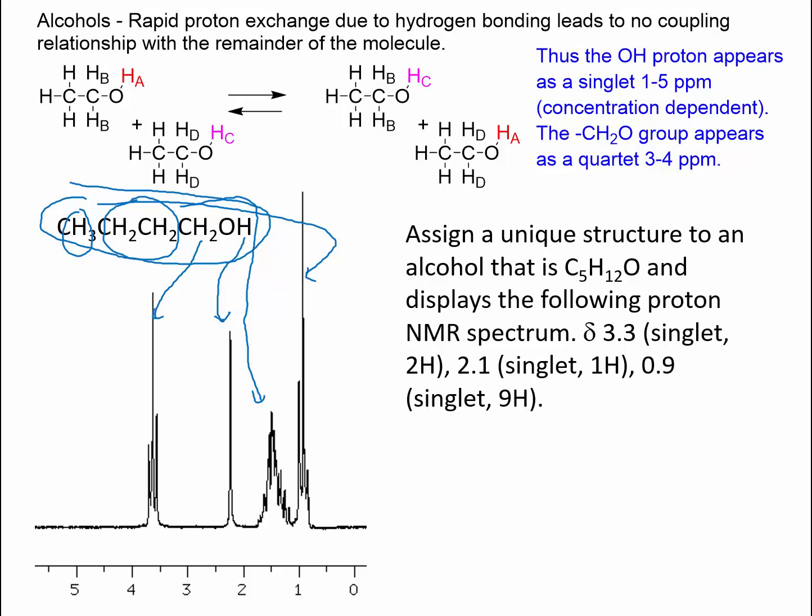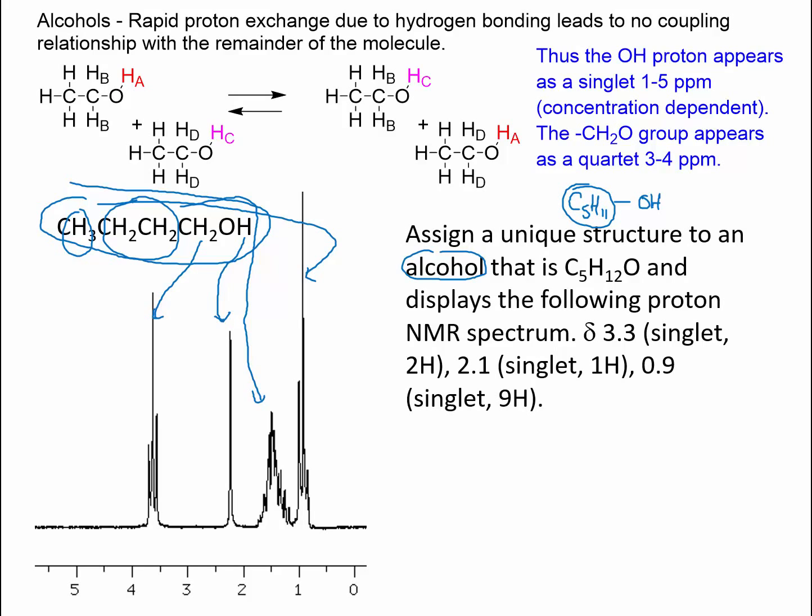Okay, so when you have a system like this, you have a formula. Notice that it's an alcohol. So we can say that this is our structure, C5H11OH. We just have to figure out what C5H11 is.